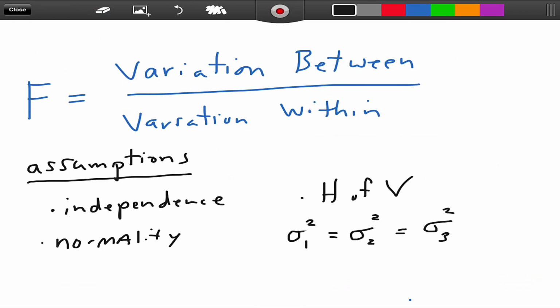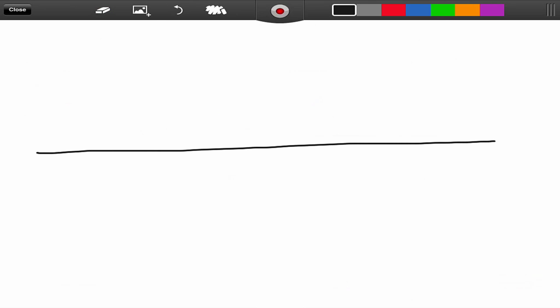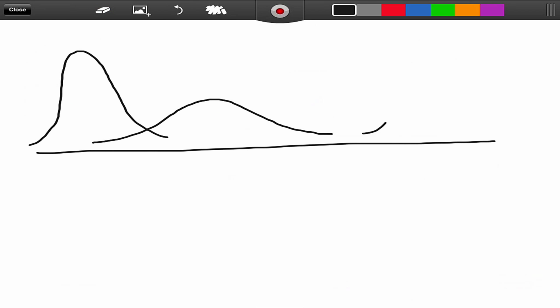Now, what if they're not? Well, if they're not, then we're going to get something like this. When we look at our population distributions, we're going to have one distribution like this, another distribution like this, and possibly another distribution like this. This would be representative of populations which have different variances.